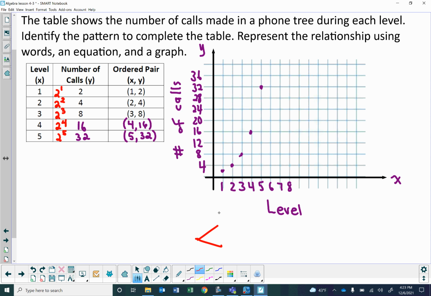first 2 phone calls. So I can look at this and say, I see here, my pattern is that the number of calls made at a level is equal to 2 raised to the level.